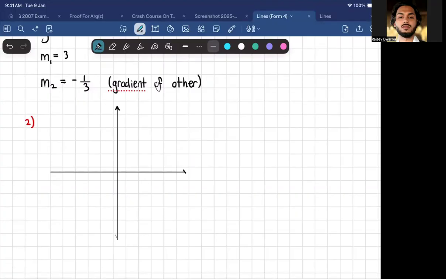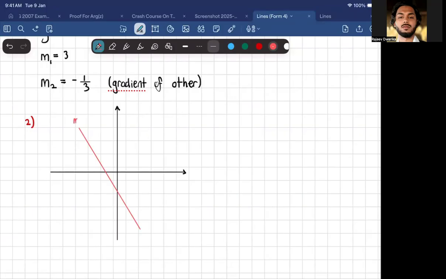And I want you all to tell me what the gradient would be as well for the new line. So I'm going to draw a line over here. Guys, tell me, is that a negative gradient or a positive gradient? Negative. Yeah, that's a negative gradient.